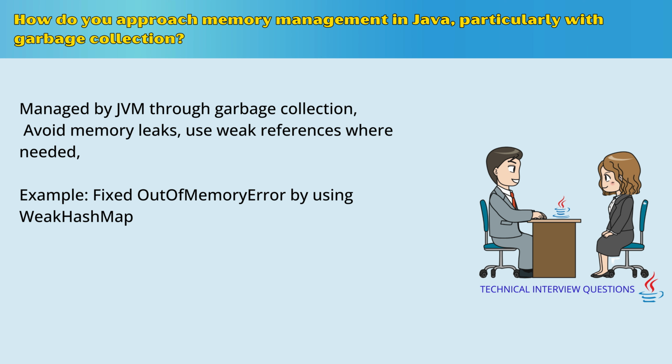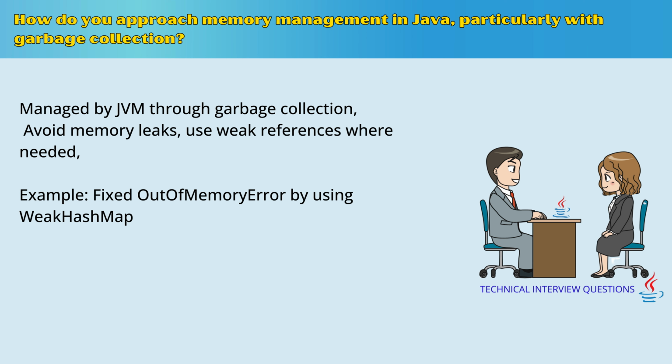However, as a developer, I still need to be mindful of memory management practices. For example, avoiding memory leaks by properly closing resources like database connections or file streams, and being careful with object references that are no longer needed. I also try to use weak references where appropriate, especially when working with caches, to allow the garbage collector to reclaim memory if needed.